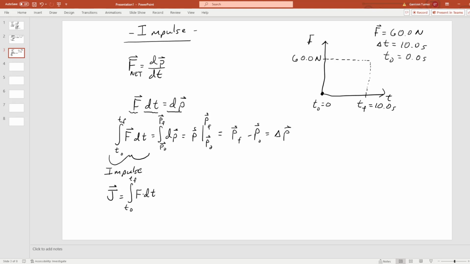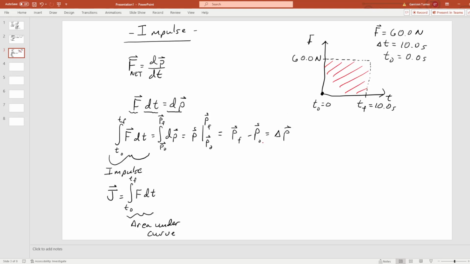What this is telling you is the area under your F versus T curve. So first things first, impulse is equal to the area under your force versus time curve. And in this case, it's really easy to compute. It's just this area right here.